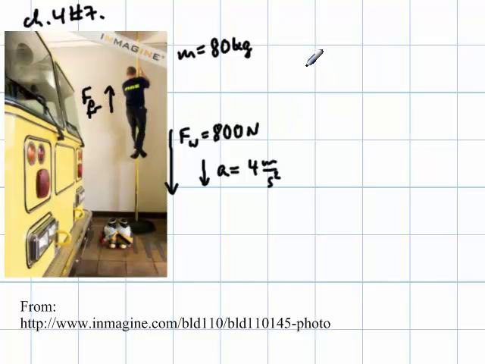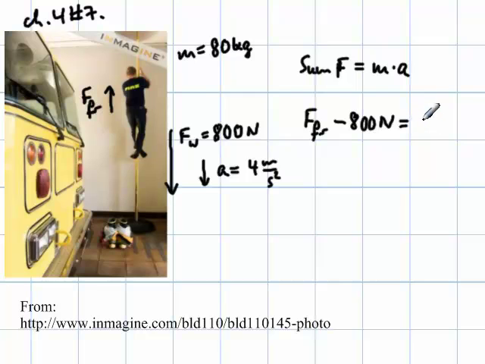And the way to do that is to say, okay, we have a number of forces that equals mass times acceleration. And one of the forces we don't know, the frictional force. Another force we do know, and because it's going down, I call it 800 newtons downward, minus 800.